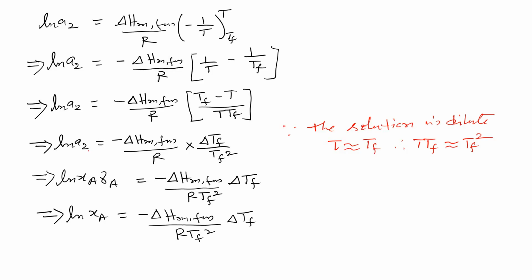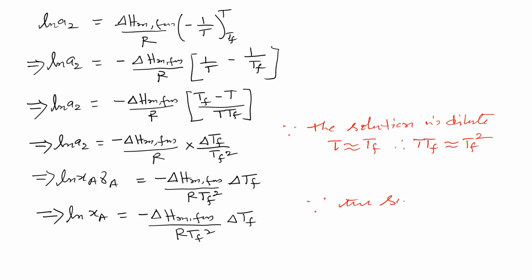Now ln activity of the solvent in the solution state, that will be mole fraction into activity coefficient, right? And then again the right hand side is the same thing. Once again, as the solution is dilute, the activity coefficient of the solvent will be almost equal to 1.